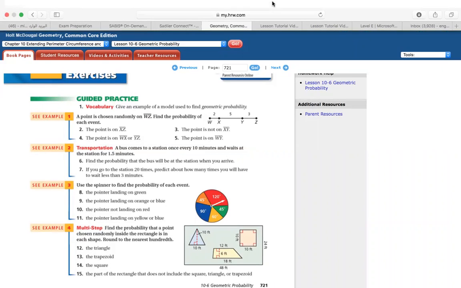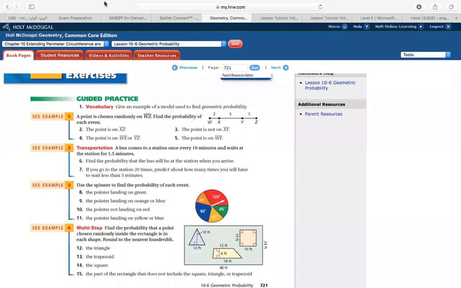I'm going to get the area of the triangle, the area of the square, and the area of the trapezoid, and subtract the 3 areas from the area of the whole rectangle, and I will get their difference. I will put this difference over the whole rectangle.